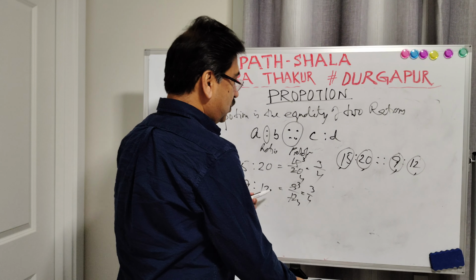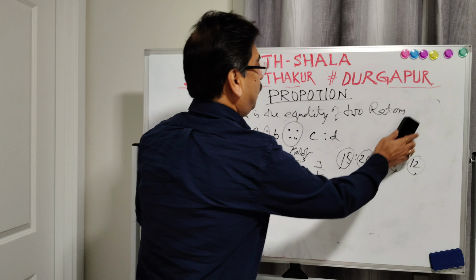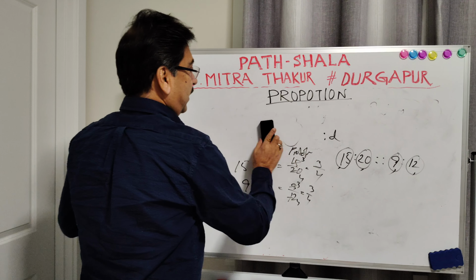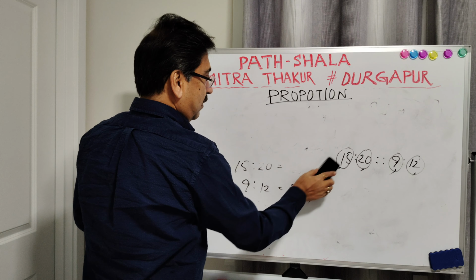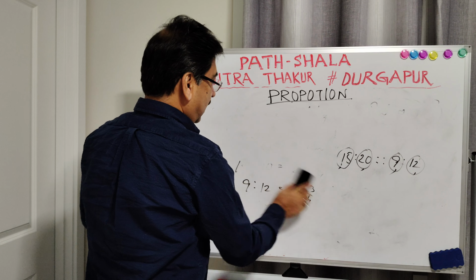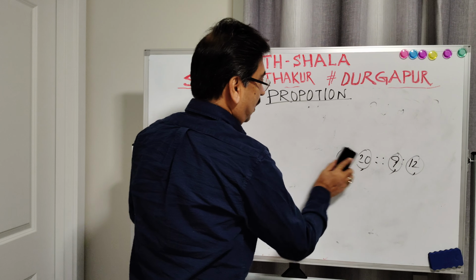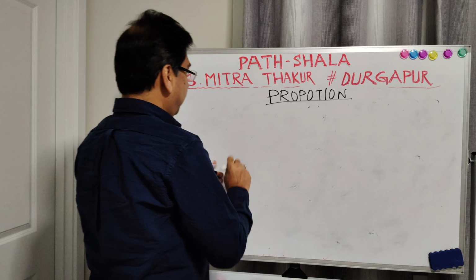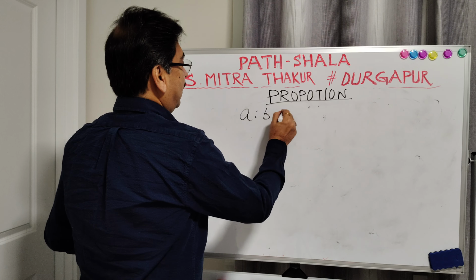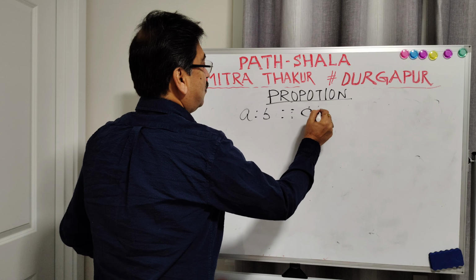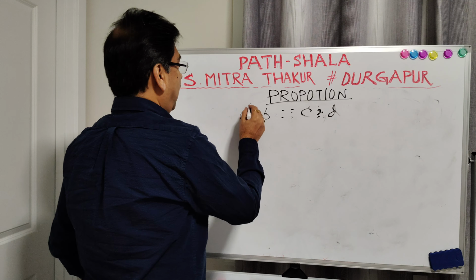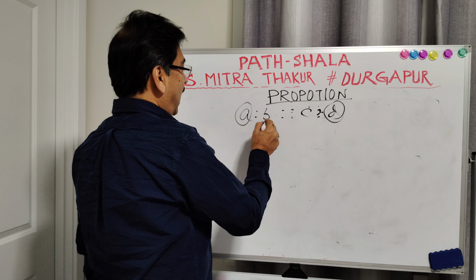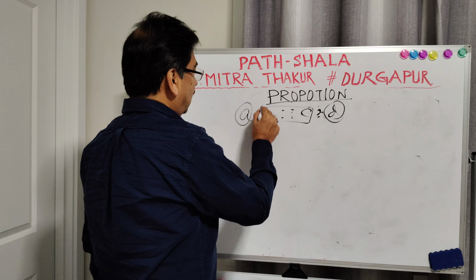The first proportional and fourth proportional are both called the extremes, and the second and third are called the means. A is to B, C is to D. That is first and second. A and D, the first and fourth, are both extremes, and both B and C are called the means.